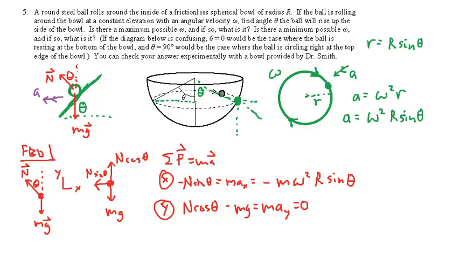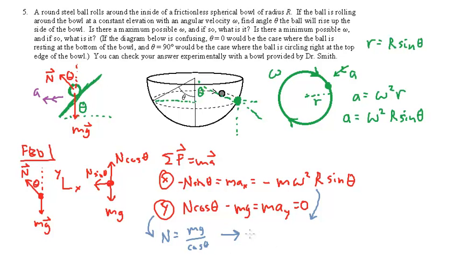So that's going to be negative m omega squared r sine theta. Okay, let me do my theta a little less ugly. And then in the y direction, we have n cos theta minus mg equals m a_y, which we hope will equal 0.